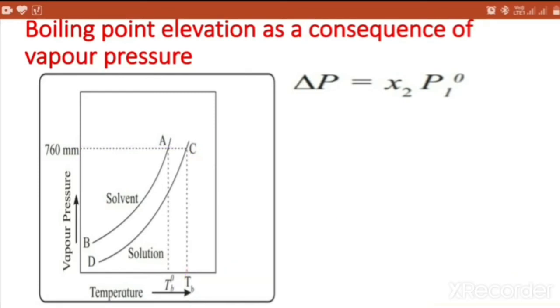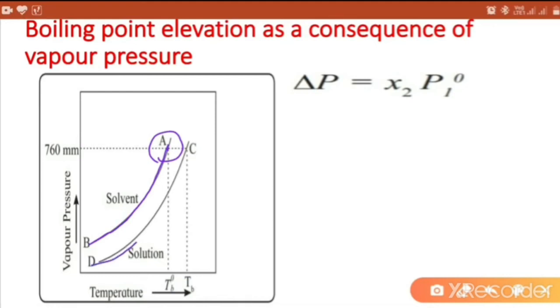And see the vapor pressure. The vapor pressure of AB is from B to A, and the vapor pressure for the solution is from D to C, but it intersects at this particular point, which is not given a name.